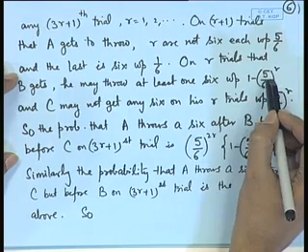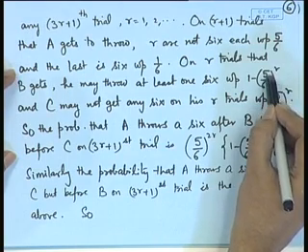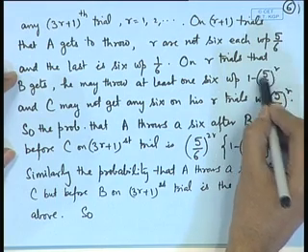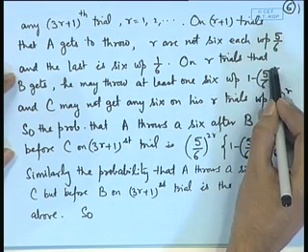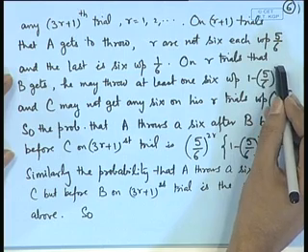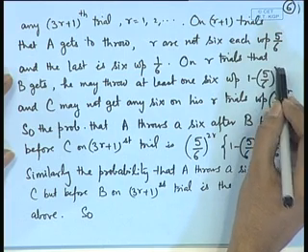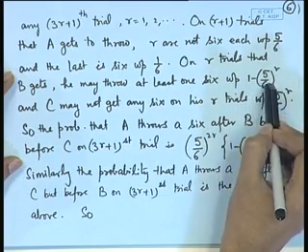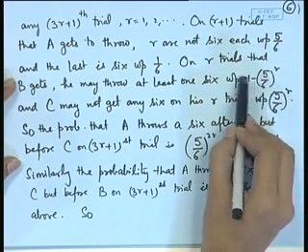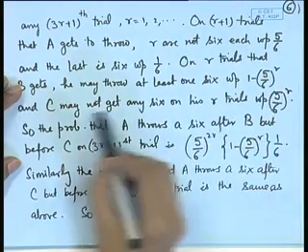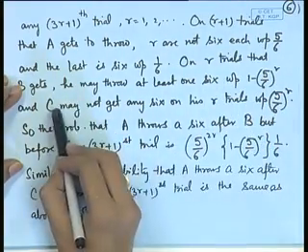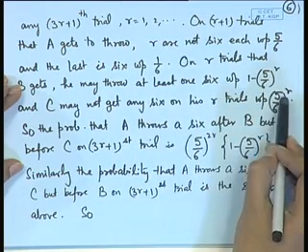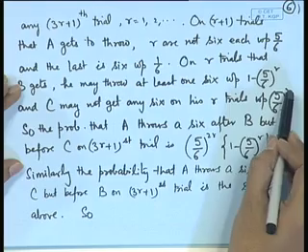The probability that B does not get a 6 in a trial is 5 by 6, so the total probability that in r trials he does not get any 6 is 5 by 6 to the power r. So 1 minus 5 by 6 to the power r denotes the probability that he gets at least 1 6. Now, if B gets at least 1 6, then C must not get a 6. On each of his r trials C will not get a 6, with probability 5 by 6 to the power r.